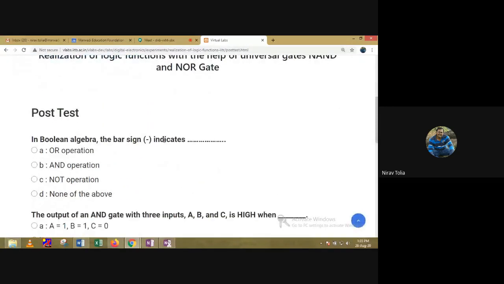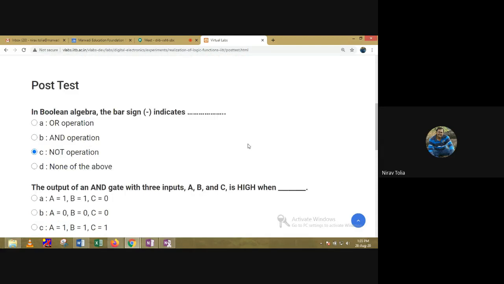In Boolean algebra, the bar sign indicates which operation? Okay, Ruthvi gives the answer. Now Ruthvi gives the answer directly. Once I will ask about to share the screen, okay, it's okay. The answer is C, given by Ruthvi.